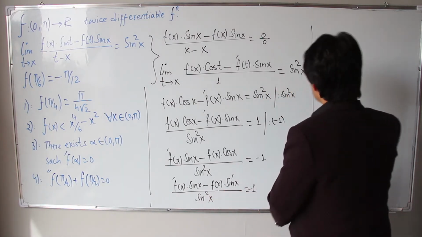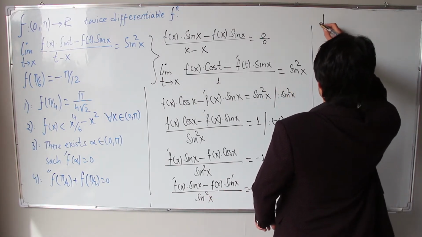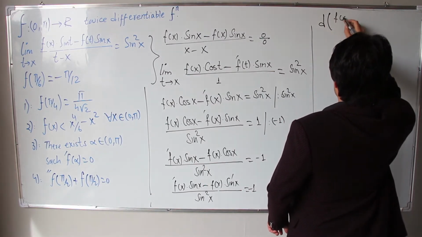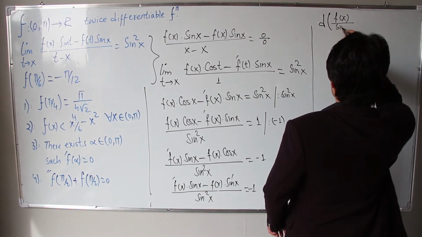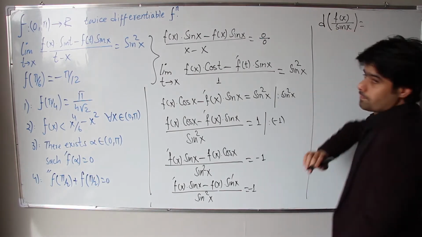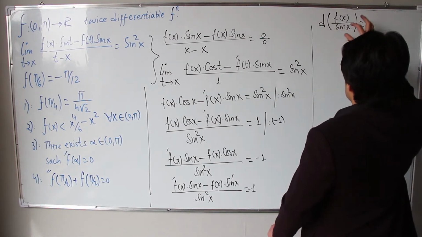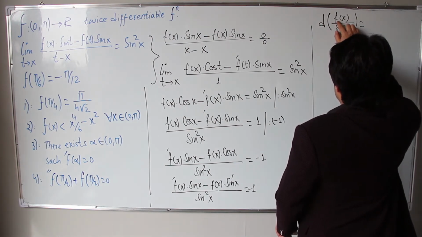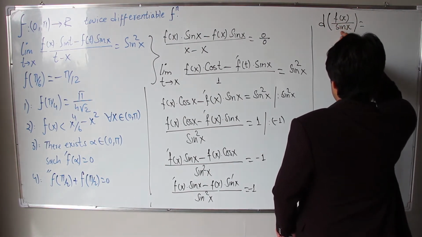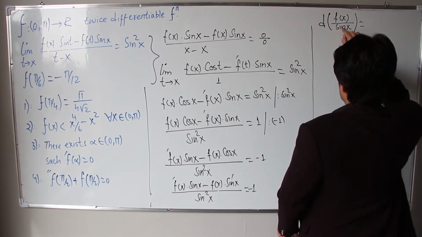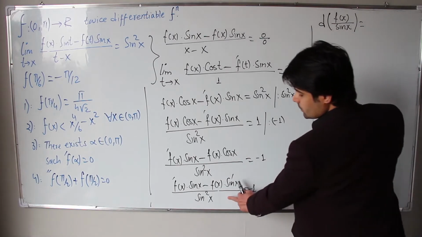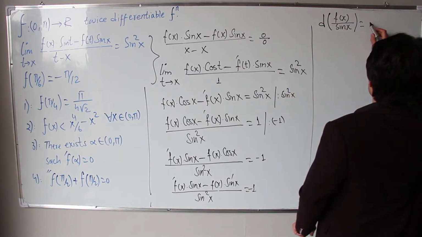I think this is the formula for the derivative of f(x) divided by sine x. What's the derivative of this one? If this one is u and this one is v, then u prime times sine x minus sine prime times f(x), divided by sine squared. It's minus 1.